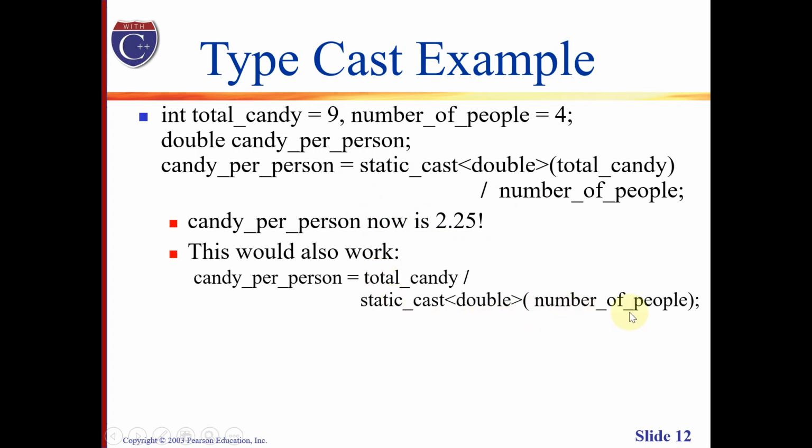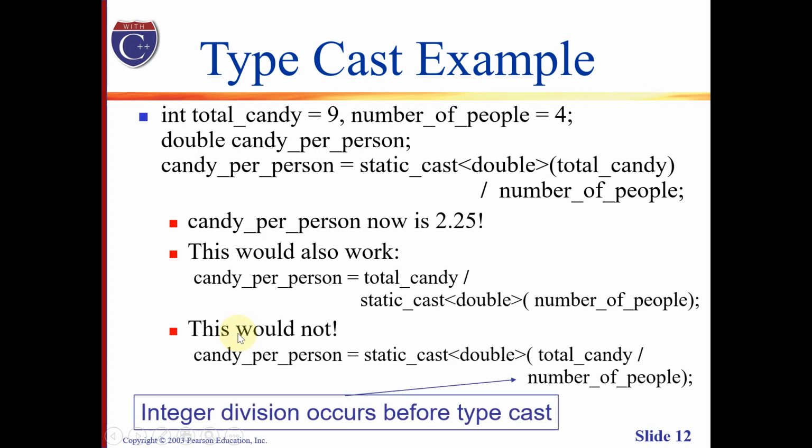This would also work. In this case, we are going to typecast the variable number of people. However, doing this one is not going to work for the reason that integer division occurred first before we do the typecasting.